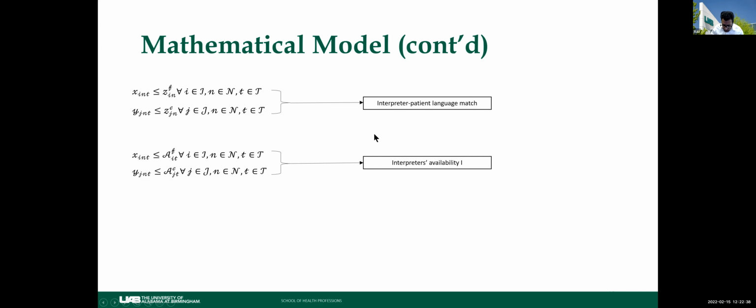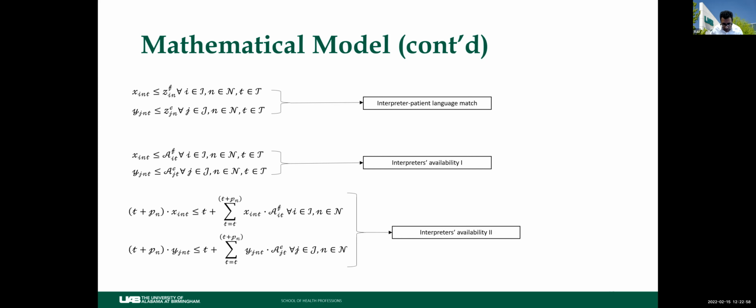And then at the same time, we need to consider the availability of both full-time and part-time interpreters, because we cannot assign a full-time interpreter to a patient at the lunch break. So we need to consider also the availability of part-time interpreters and full-time interpreters.